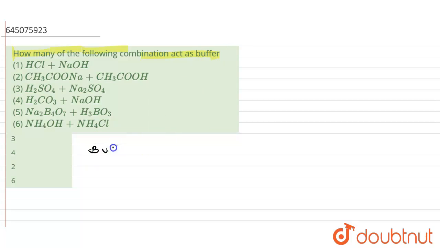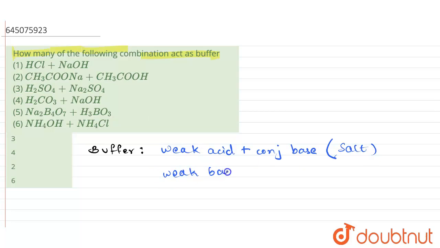First of all, we should know what is the meaning of buffer. It is basically a combination of one weak acid plus its conjugate base. Conjugate base means you can say the salt of that, or it can be vice versa, that means weak base plus conjugate acid of that.